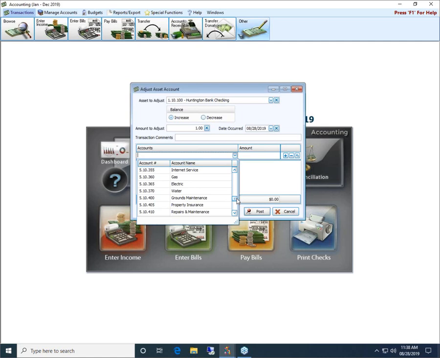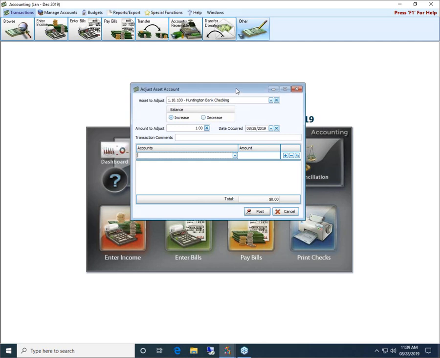Okay. So by way of an example, as we move over to page 3, we have a deposit correction, okay? The bank deposited the check for, say, 50 cents less than the check was written for. We want to write that off. We want to record that. If we don't, then our bank reconciliation isn't going to reconcile. So we would choose to say that our Huntington Bank checking, we need to decrease that.